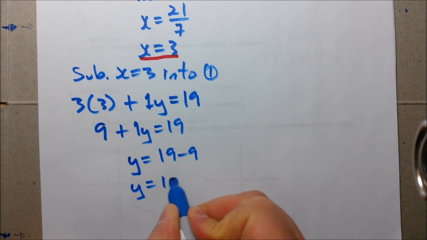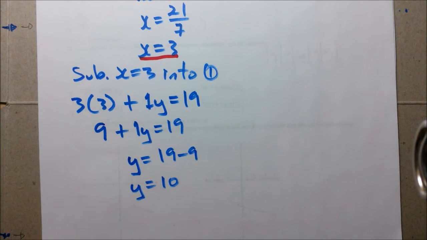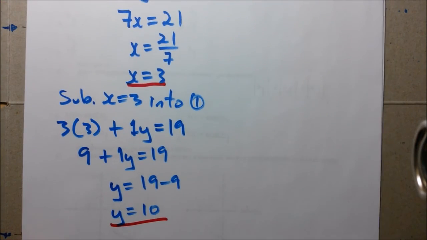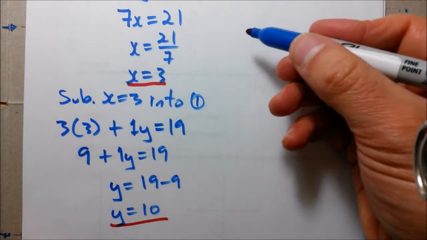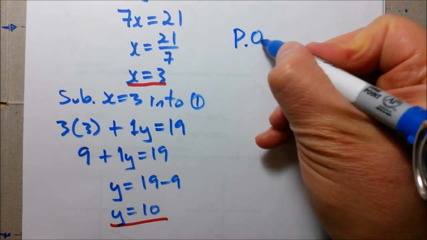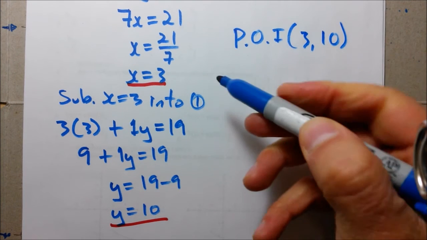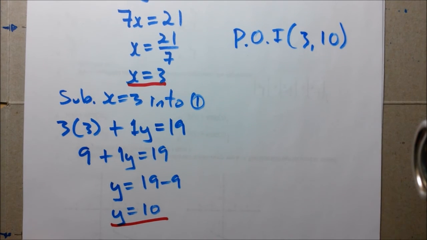Y is equal to 10. So we found the point of intersection, and the coordinates are 3, 10.